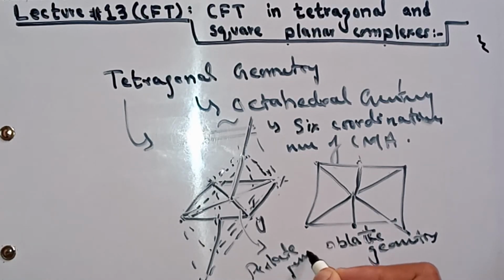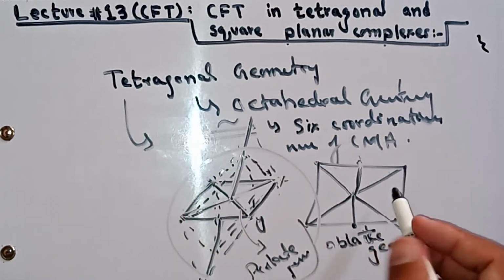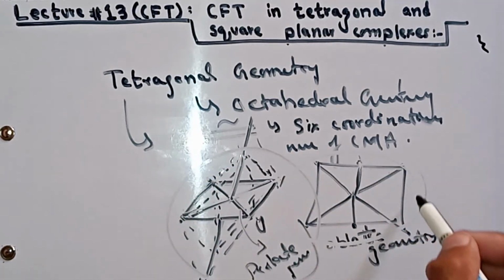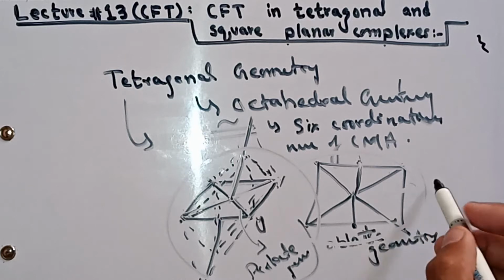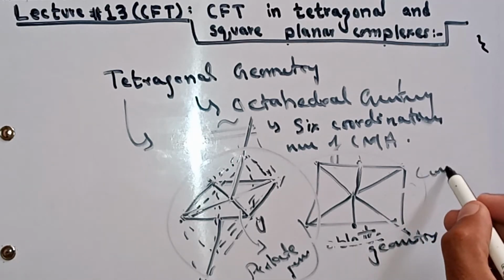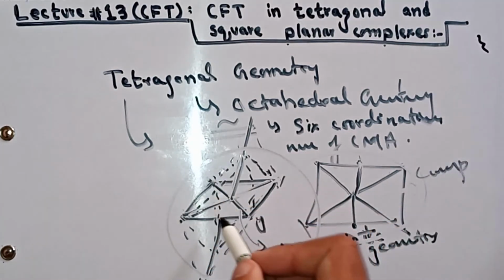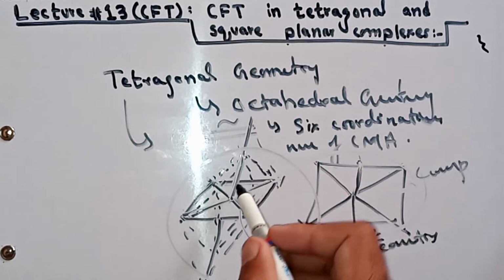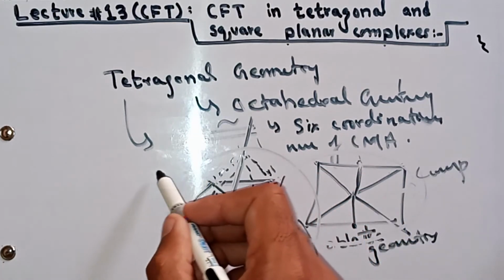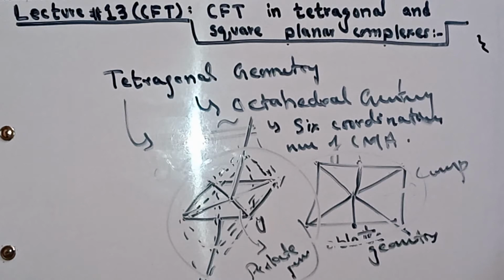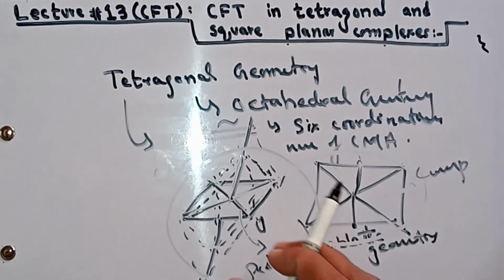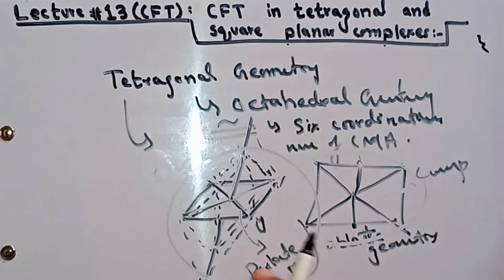The oblate geometry is also called compressed tetragonal geometry. And where the axial bond is large, this geometry will be called elongated tetragonal geometry. Is that clear? These are all about prolate and oblate geometry.